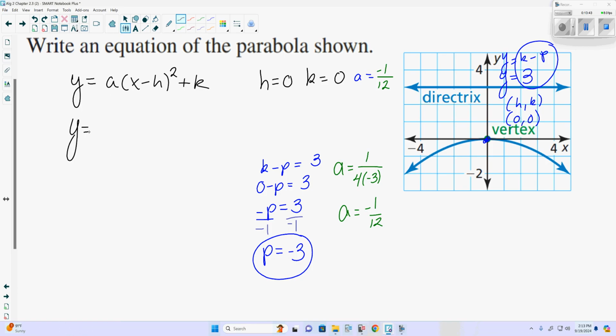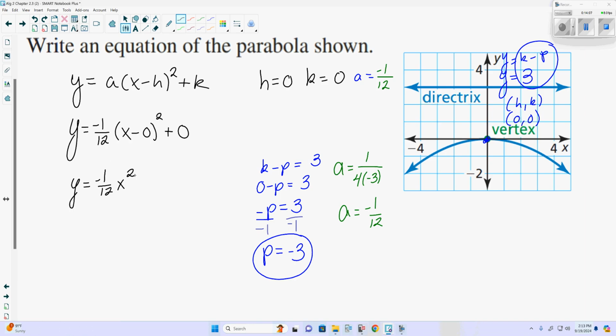So our a would be negative 1/12 times x minus 0 squared plus 0. Yes. Because our x minus 0 squared is just the same as x squared.